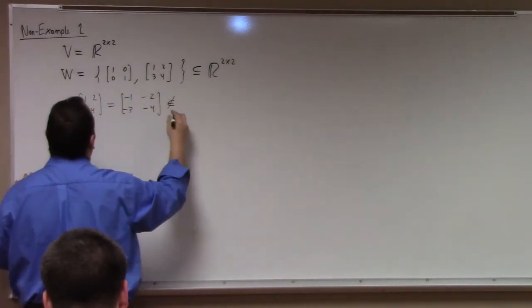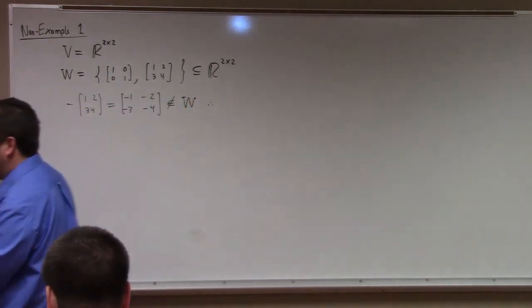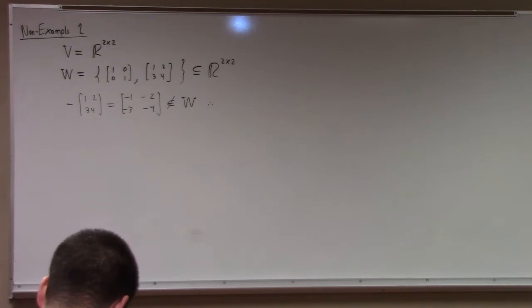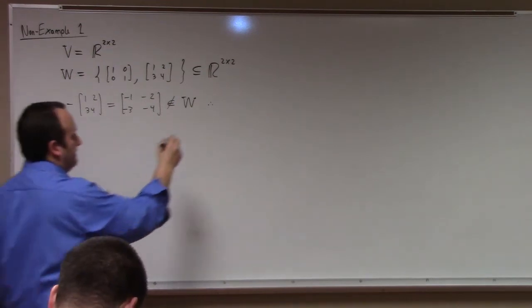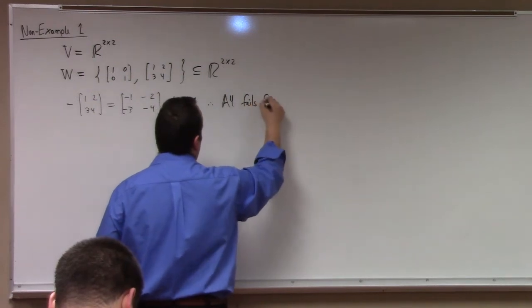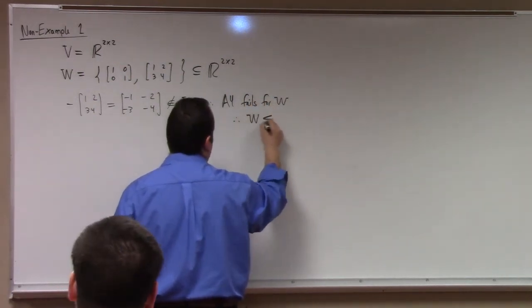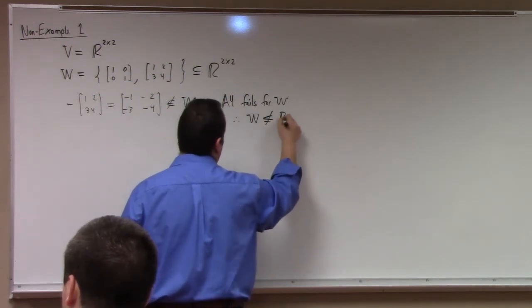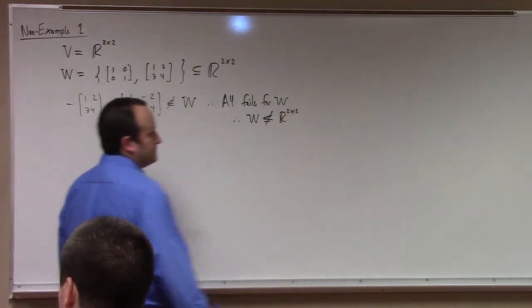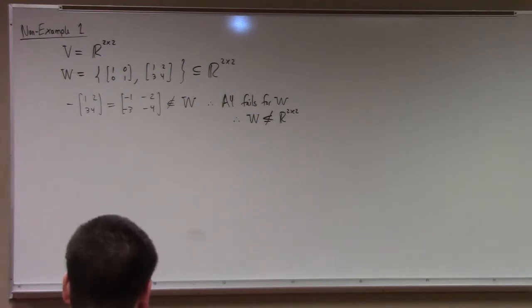That is not an element of W, right? Therefore, axiom 4 fails. Therefore, W is not a subspace of R 2 by 2. Okay?